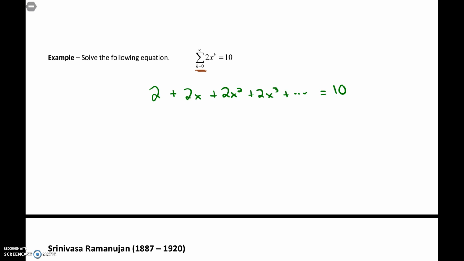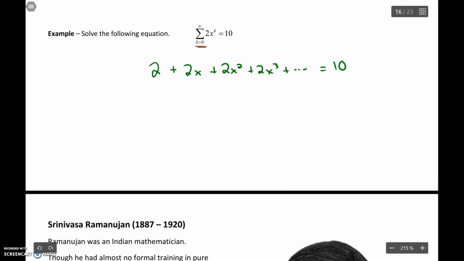I don't know if you could divide everything by 2 if you wanted, but we don't need to. Let's just not do that. So you should recognize that this is a geometric sequence. My first term is 2, and my common multiplier is x. So I want to use the formula S equals A sub 1 over 1 minus R, but I can only use it if x is between negative 1 and 1.